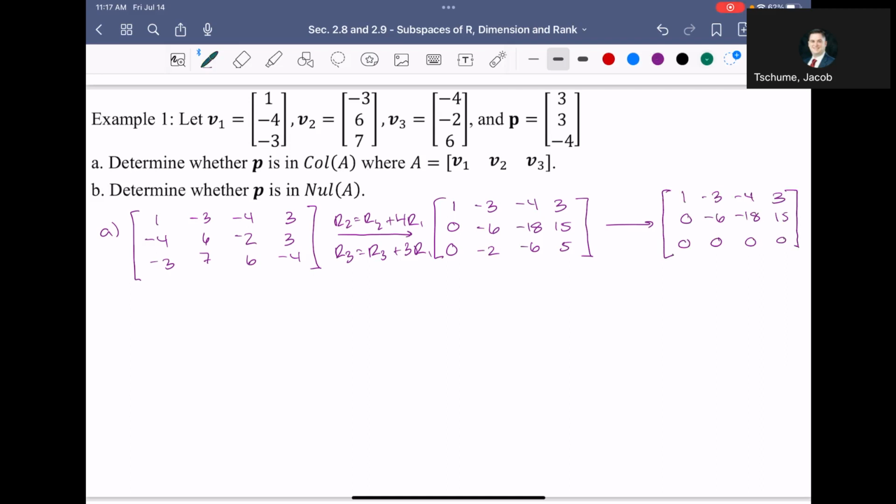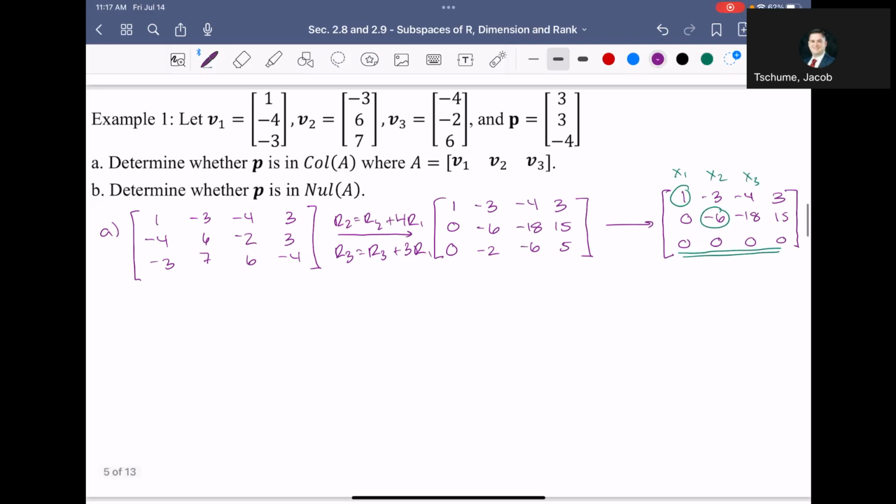And at this point, I think we know enough to answer this question. Because remember back from chapter 1, if you look at the pivot positions, you have a pivot position for x1, you have a pivot position for x2, and then in the x3 pivot position, you don't have anything, but that's okay because you have a row of all zeros.